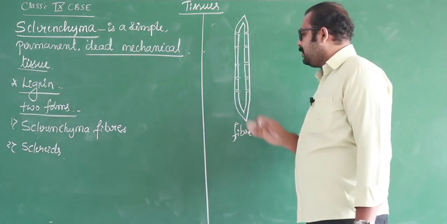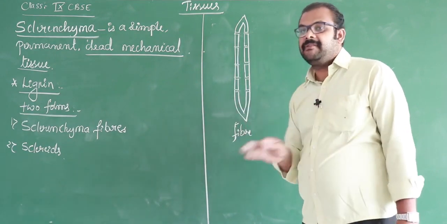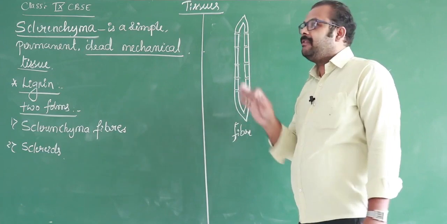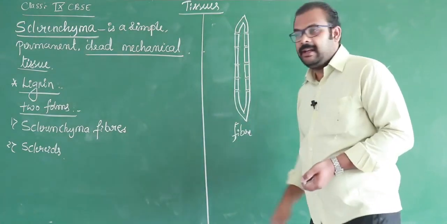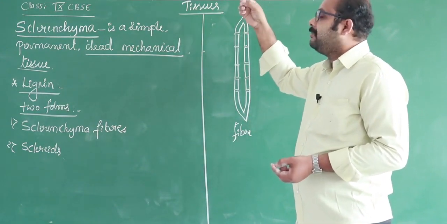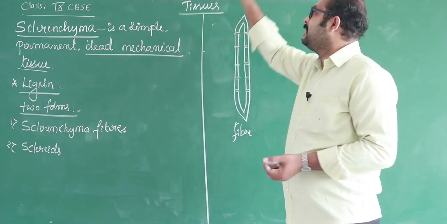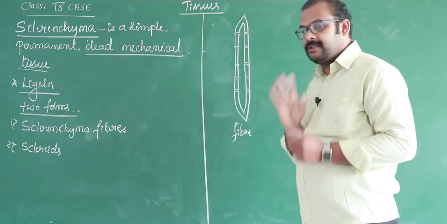Here the deposition of lignin on the wall of the sclerenchyma is not even, it is uneven. For example, while painting, sometimes the deposition of paint may be thick in a particular area and sometimes thin.